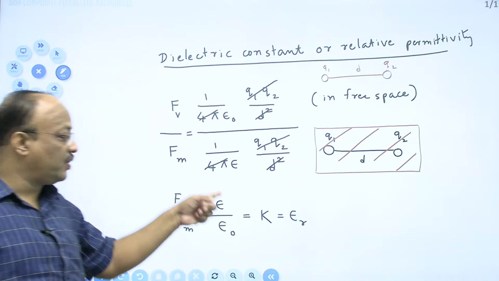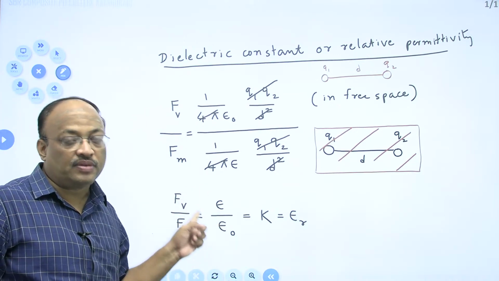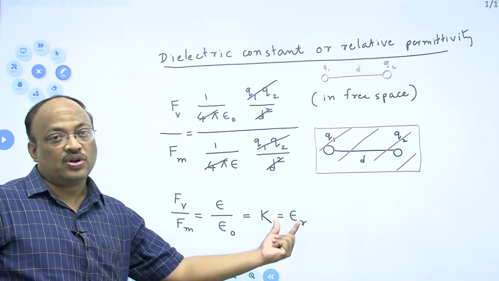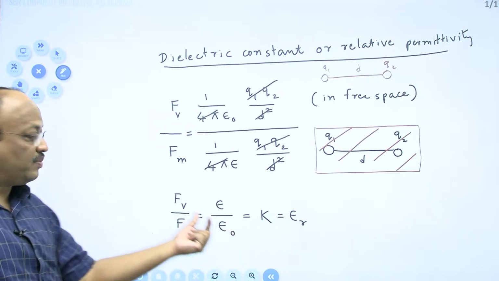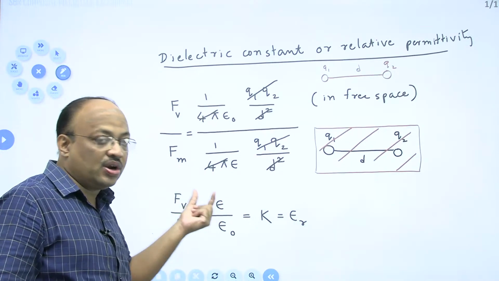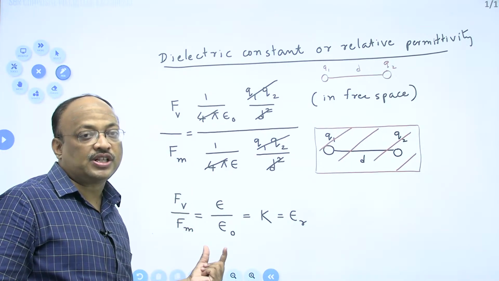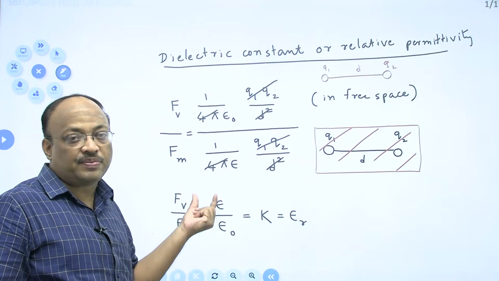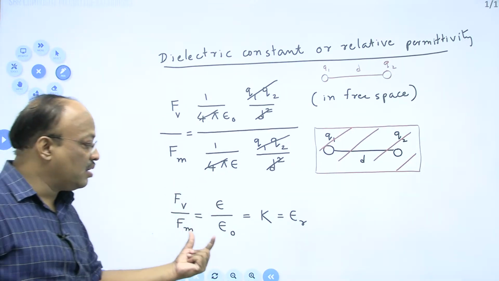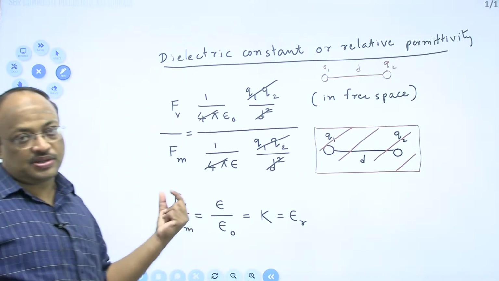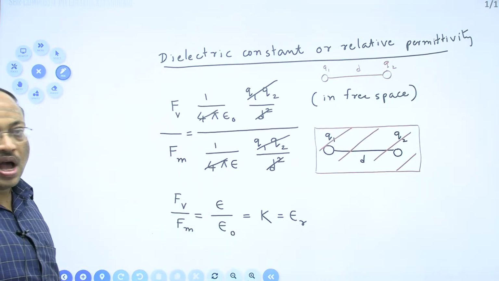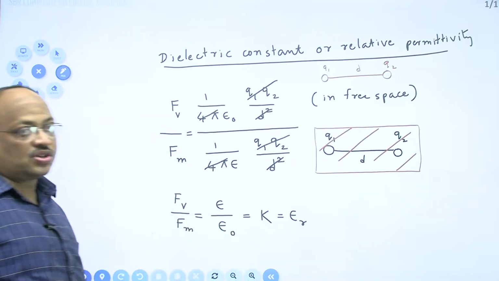First, dielectric constant or relative permittivity of a medium is the ratio of permittivity of the medium to the permittivity of a free space or vacuum. Or in other way, in terms of force, how can we define?